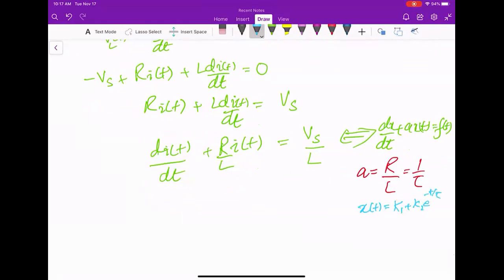So if I replace this here, that will become I of t equals k1 plus k2 e minus t by tau, where I know that I should be writing it R by L t. Okay, sounds good. So let's replace this here.